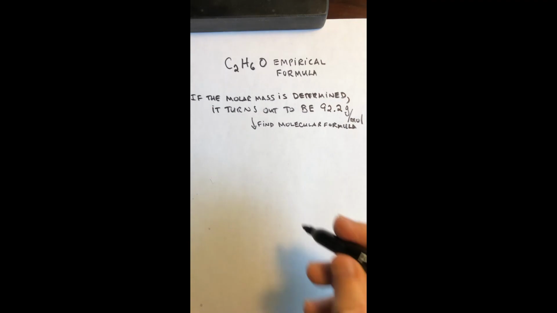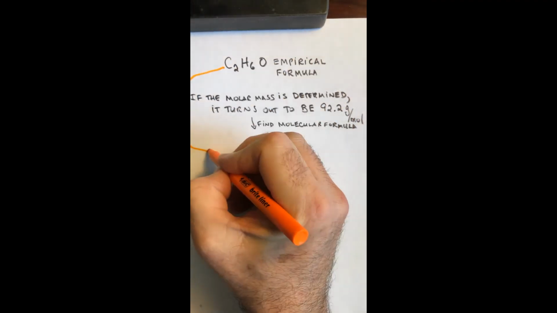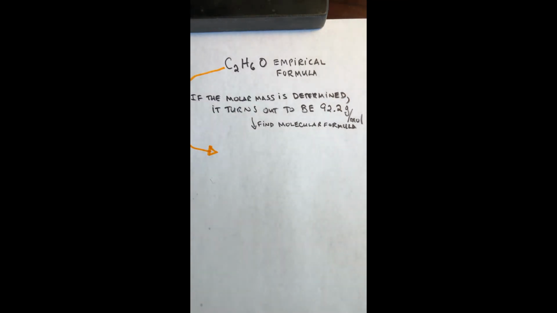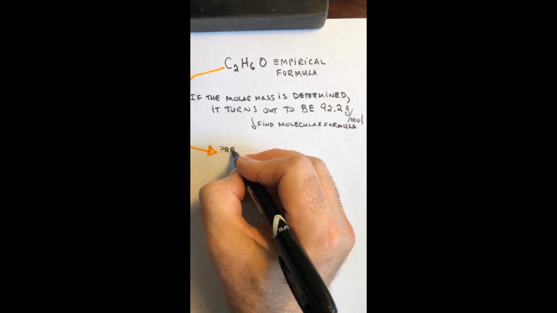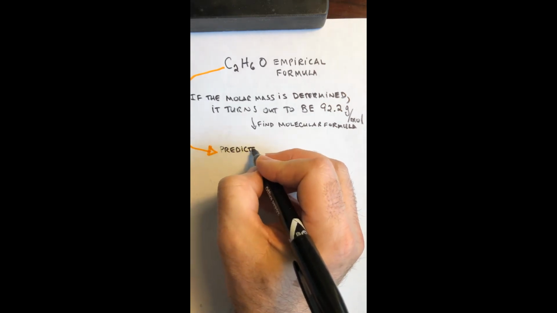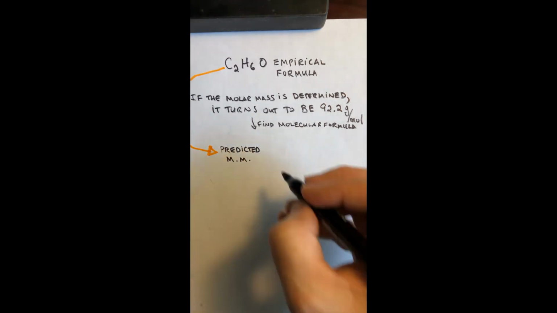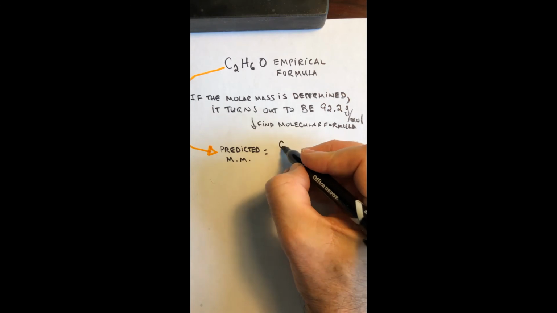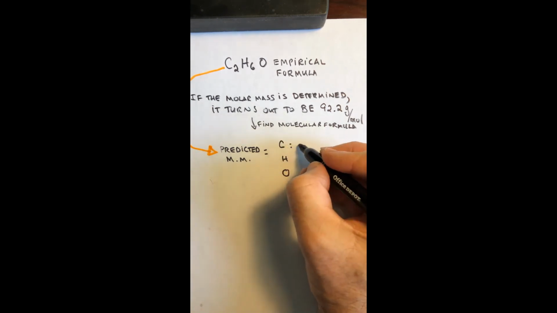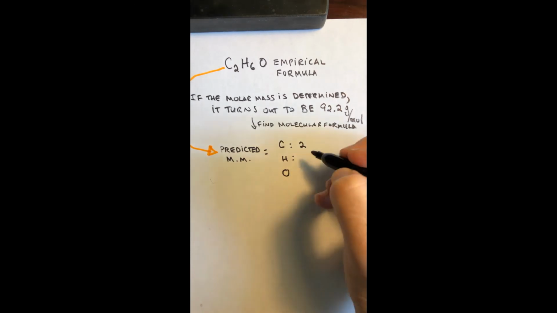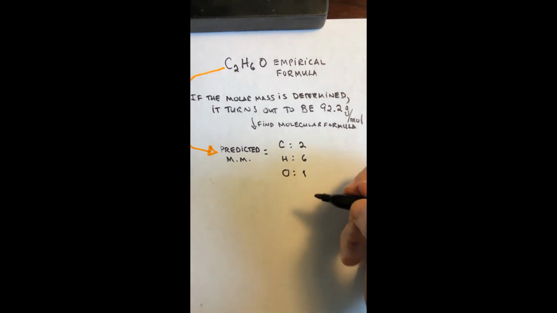So let's do this. Let's take the formula we have here. What would we predict as the molar mass? Predicted molar mass. Well, we have C, H, and O, so we would have 2 moles of carbon, 6 of hydrogen, 1 of oxygen.